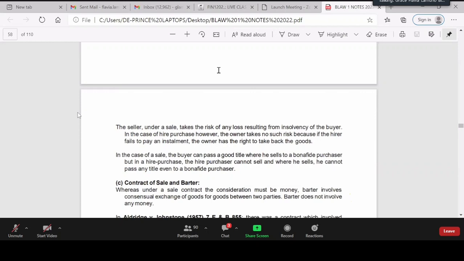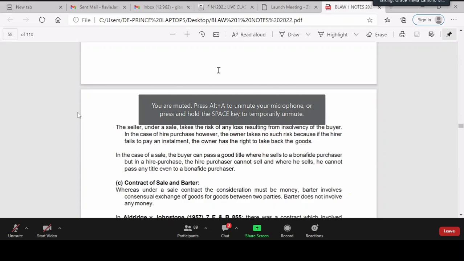So you lose the good. The seller will come and take it away because you do not have the capacity to continue paying the installments. And whatever you have so far paid, you cannot recover because you have also been using the good within that time. So you cannot recover the installments you have so far paid.